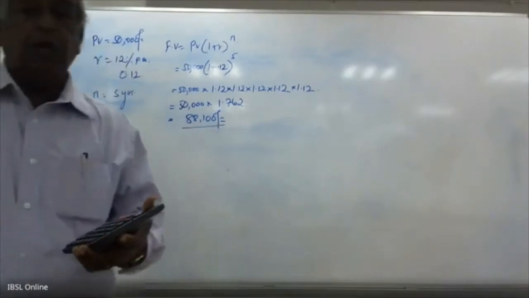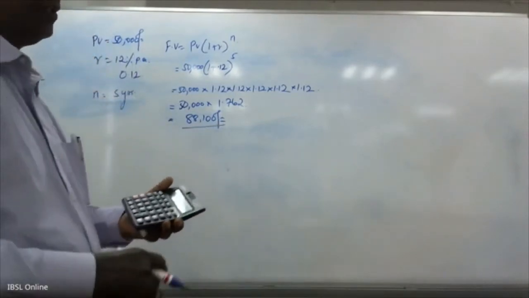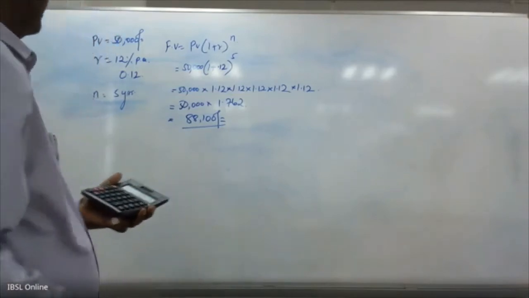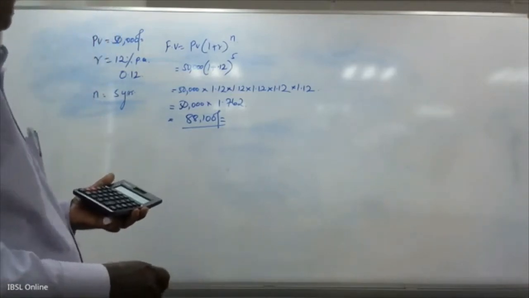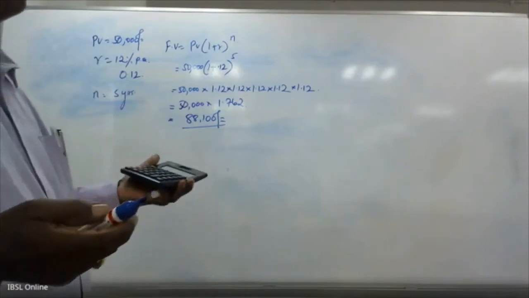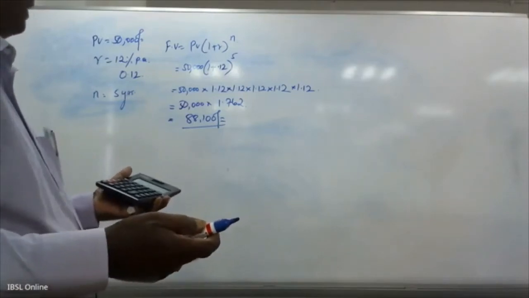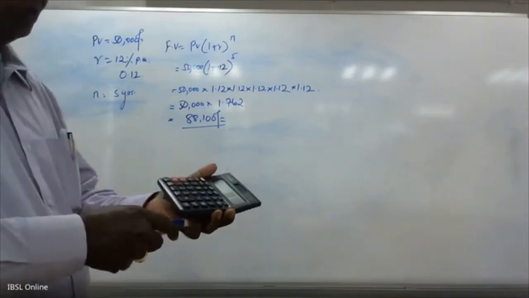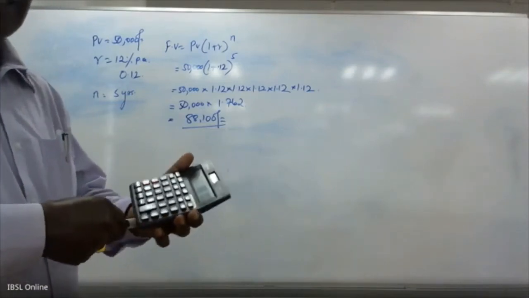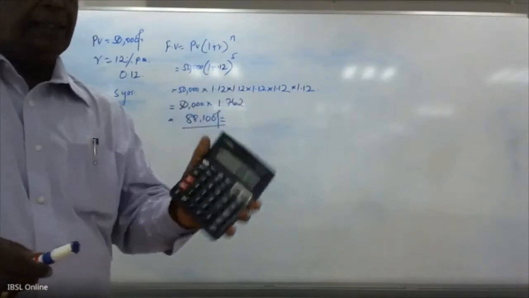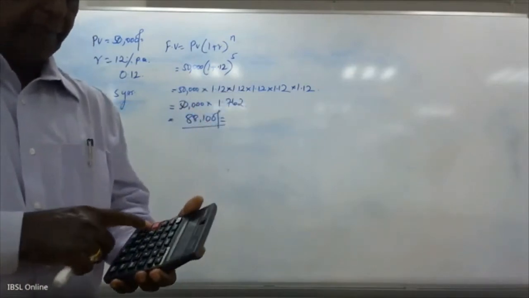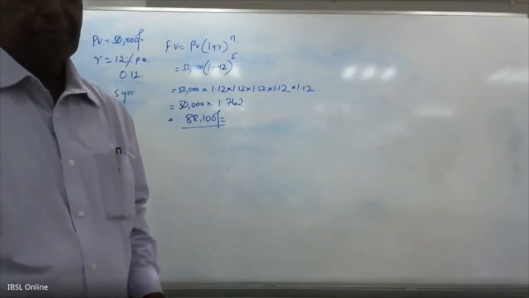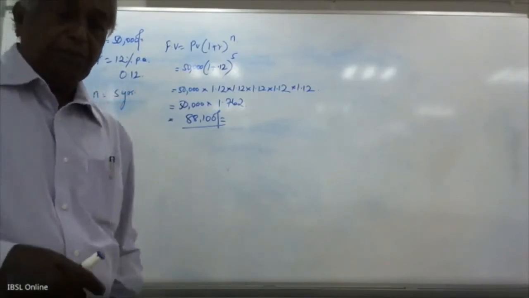The future value of present 50,000 when you put it in an automatic renewal at a bank at the interest rate of 12%: at the end of the 5th year, you will get 88,100. So if a customer comes, even with an ordinary calculator, you can calculate and get this answer. We call it compounding.